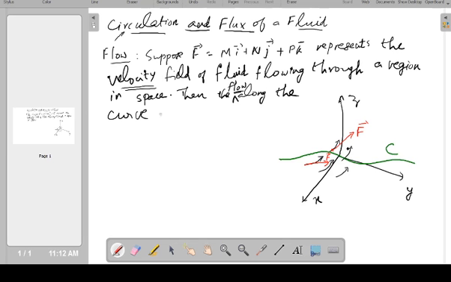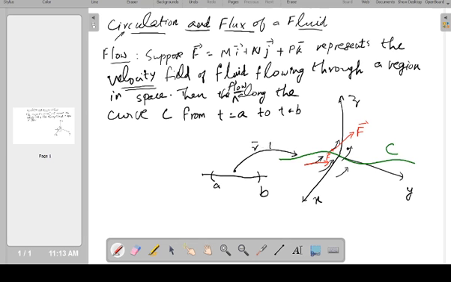The flow along the curve C from t equal to a to t equal to b. So what are a and b? These are the endpoints of the interval over which the curve C is parameterized.